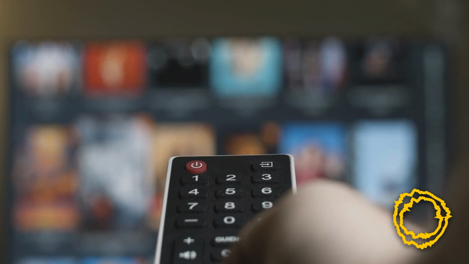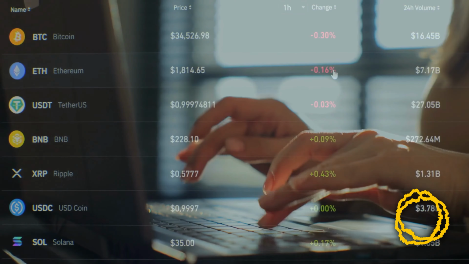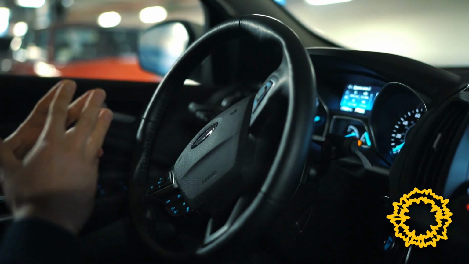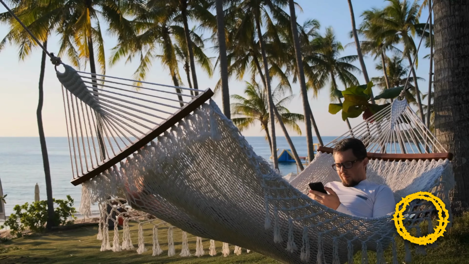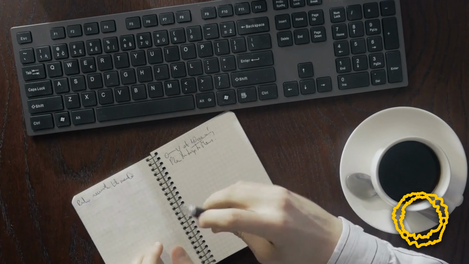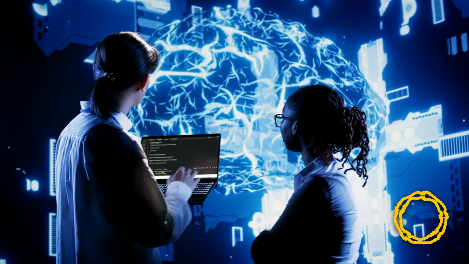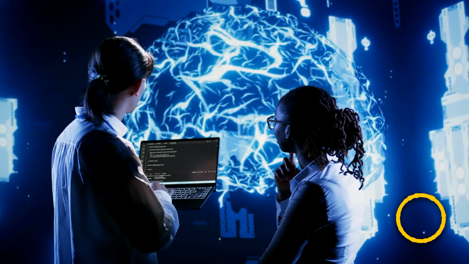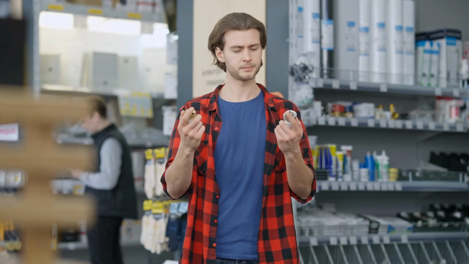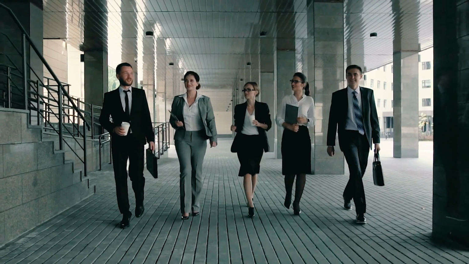Whether it's recommending movies based on your preferences, detecting fraud in financial transactions, or even driving cars autonomously, AI is designed to make your life easier and more efficient. So, using AI essentially means leveraging its capabilities to solve problems, streamline processes, and enhance decision-making in both personal and professional realms. All right. Thanks, Sage.